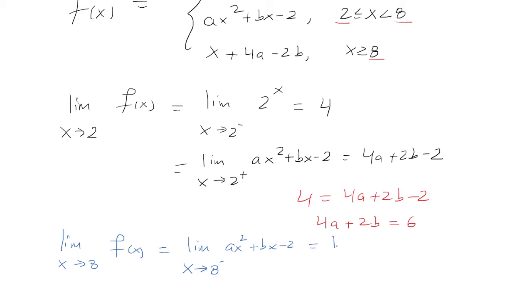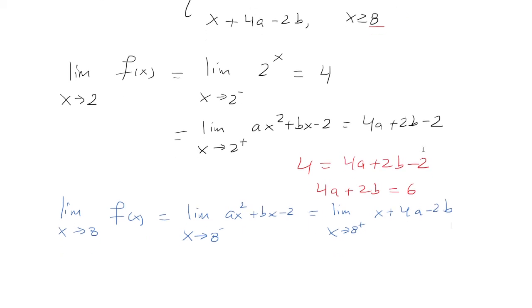You want this equal to the right-hand limit, which is x plus 4a minus 2b. Now if we solve these, for the left-hand limit, you just plug in 8, and you get 64a plus 8b minus 2. And this limit will just be 8 plus 4a minus 2b.